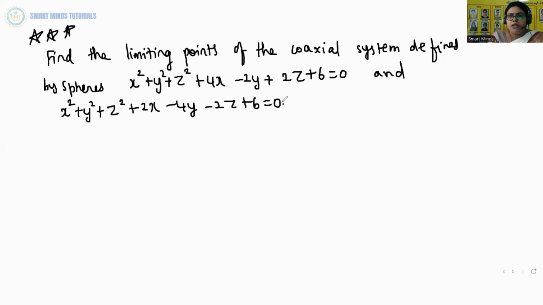We need to find the limiting points of the coaxial system, and two sphere equations are given to us.